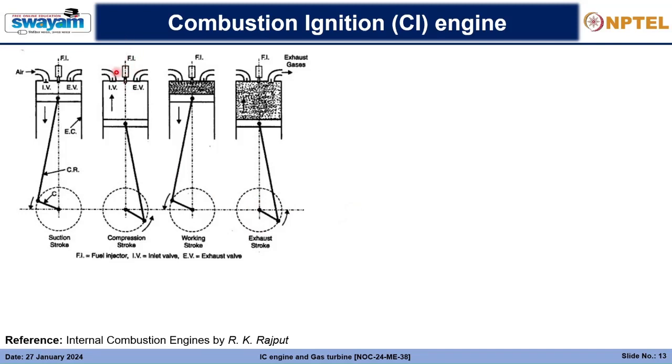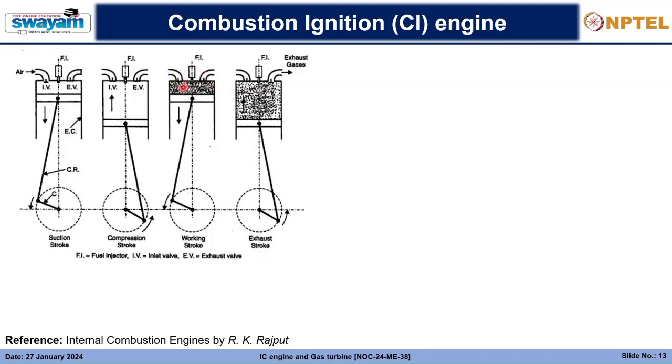So here, when the compression stroke executes and reaches the end of the compression stroke, the fuel injector supplies a very precise amount of fuel inside the combustion chamber, provided the inlet and the exhaust valves are closed.